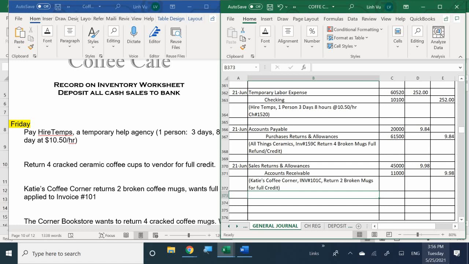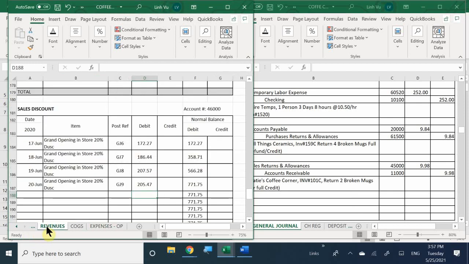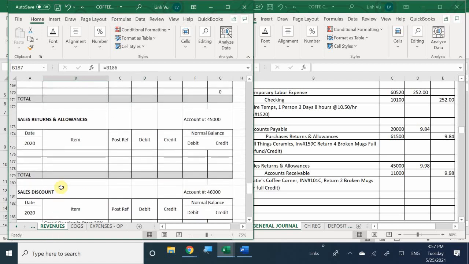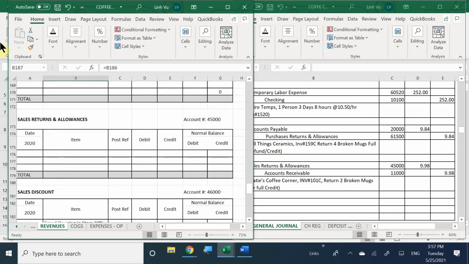So what's next? We're going to do our ledger first, or next. So here we are. Okay, so right above sales discount, we have sales returns and allowances.